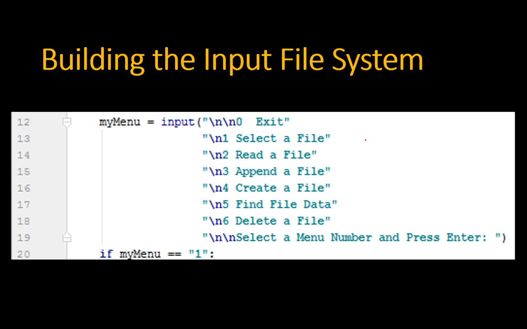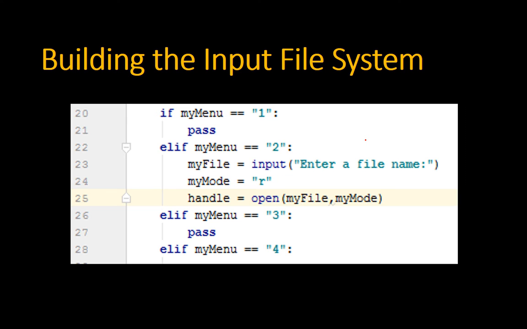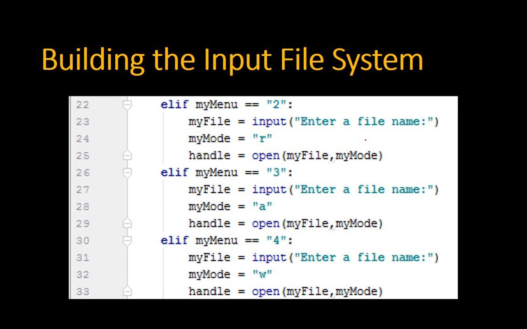So here we are again. Here are our menu options. And I'm not seeing slides that are supposed to be in here. Okay, this fills out the next several segments of the menu.